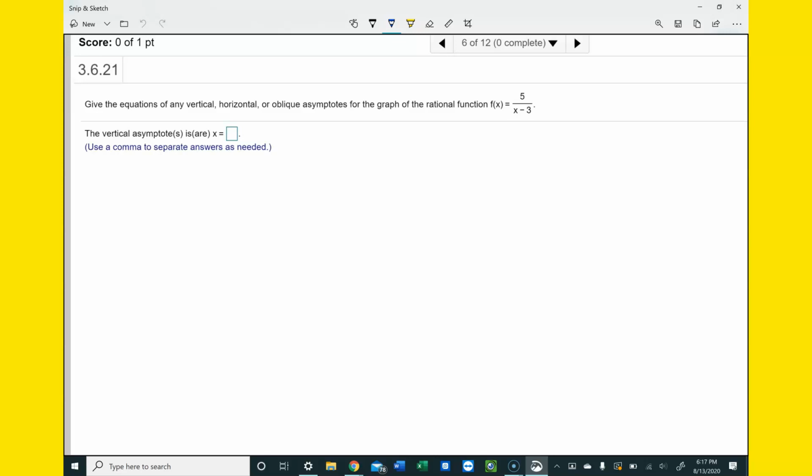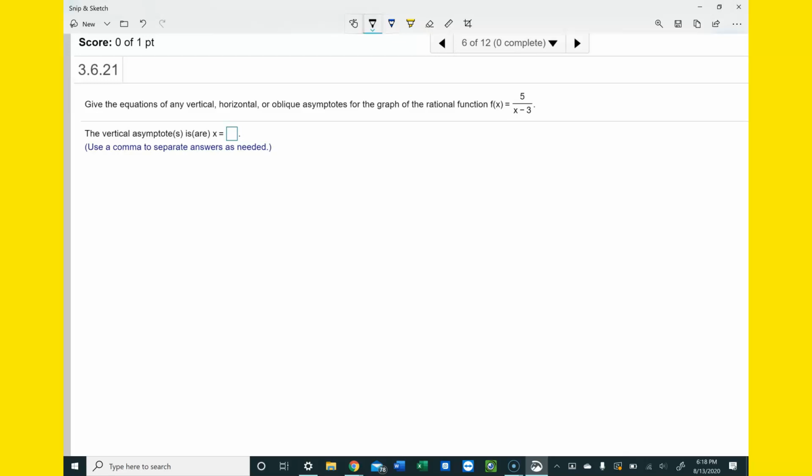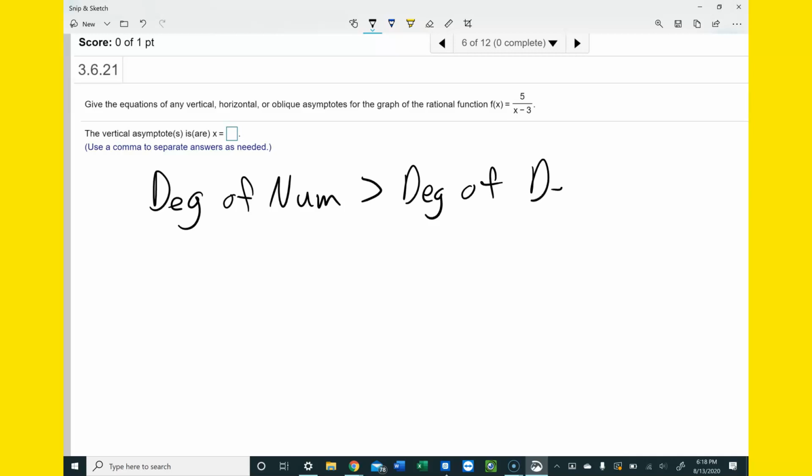If the degree of the numerator is greater than the degree of the denominator, then you will have what's called an oblique asymptote.